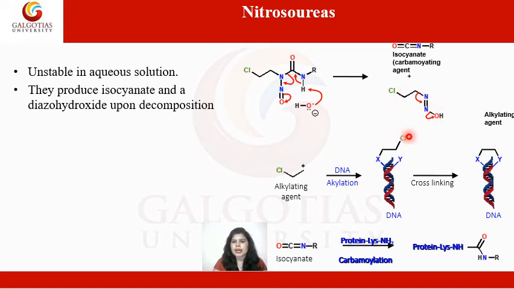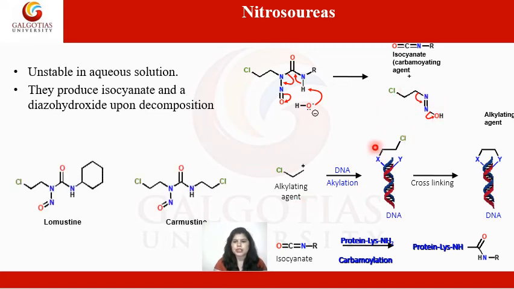These diazo compounds on decomposition give the alkylating agent, a carbocation, which alkylates DNA to give cross-linking. These types of alkylating agents cause interstrand cross-linking between guanine or guanine and cytosine.